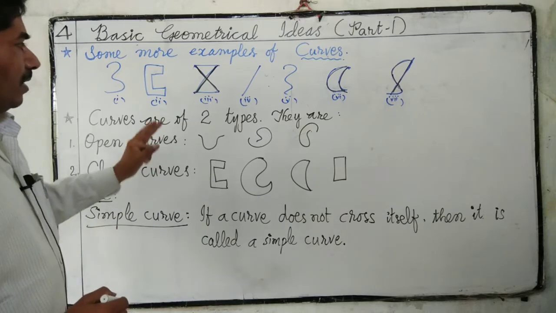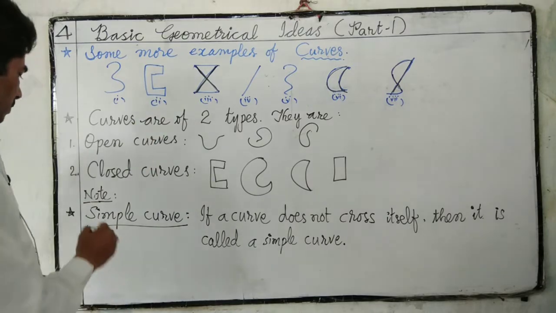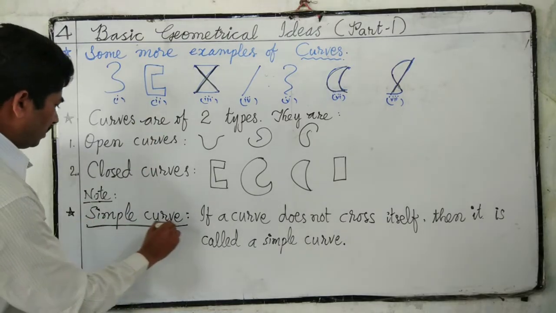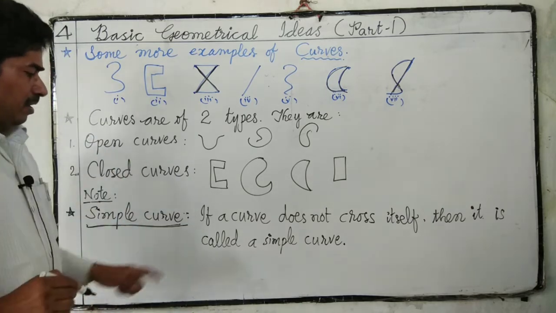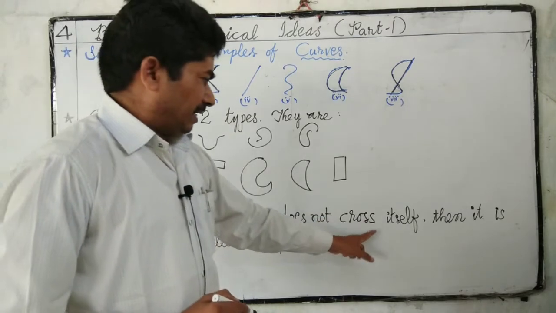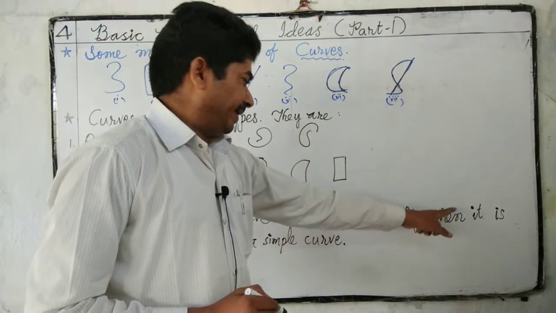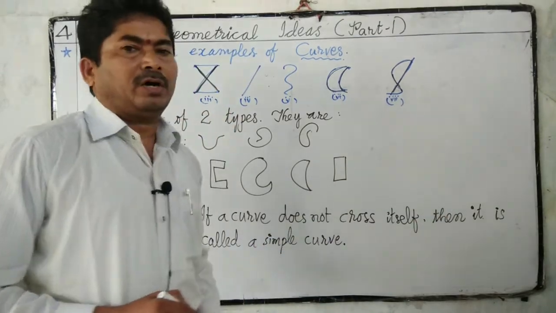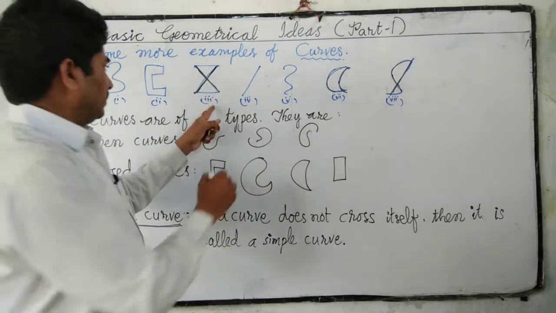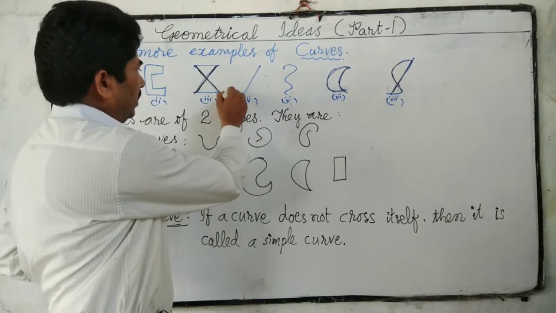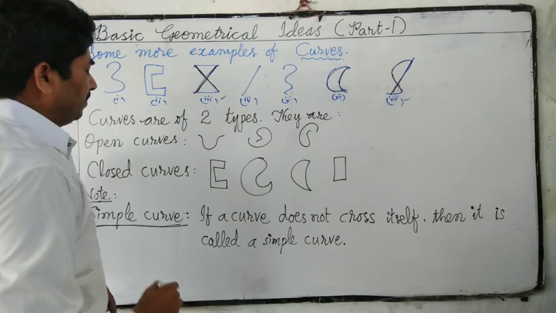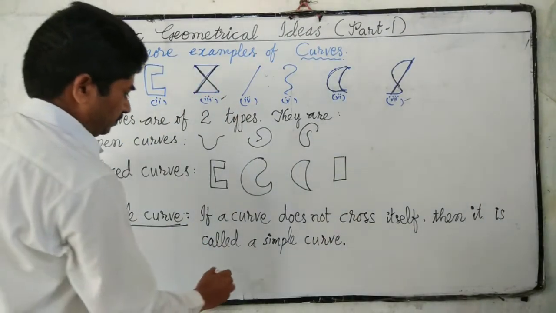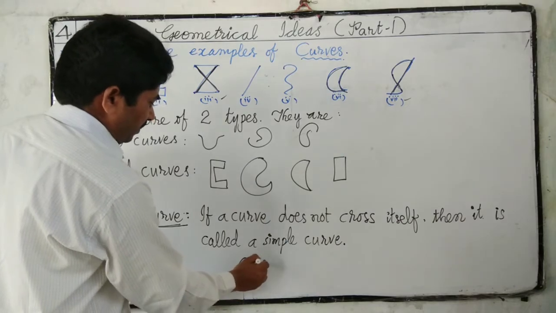Like these figures are called simple curves. If a curve does not cross itself, then it is called a simple curve. Except third and seventh, all the remaining are simple curves.